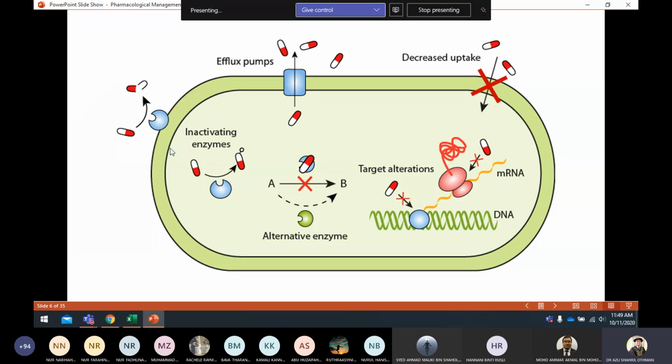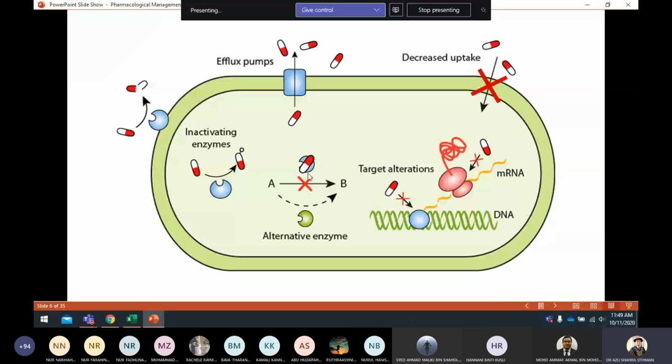You know of some bacteria that actually inactivate the drugs using certain enzymes. You know that there are certain bacteria that would bypass the effects of the drug.